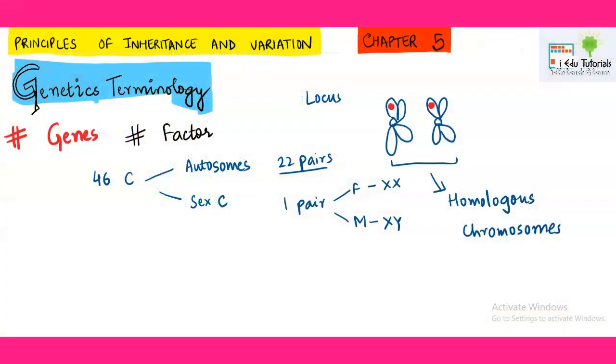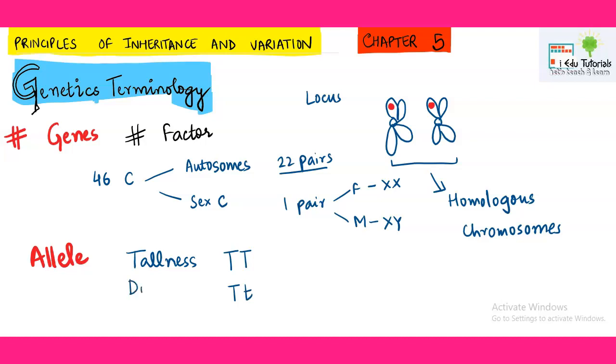And what is an allele? This is also very important. What is an allele? Allele means the contrasting form of a gene. So, for example, we are talking about tallness or the tall character of a pea plant. Now this tallness could be because of the alleles capital T, capital T, or it could be because of capital T, small t.